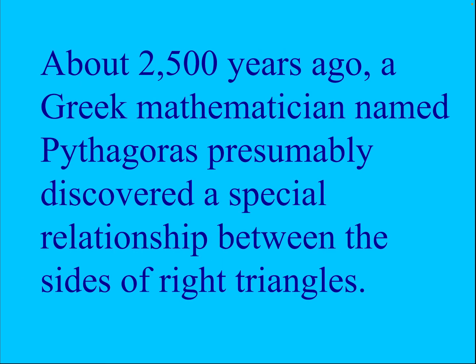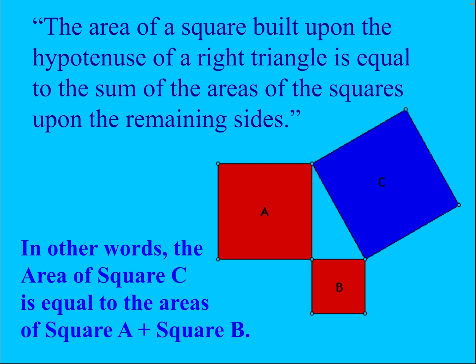So about 2,500 years ago, a Greek mathematician named Pythagoras presumably discovered a special relationship between the sides of right triangles. He found out that if you take three squares, okay, we're going to call them square A, square B, and square C, and you position them in a way that you create a triangle, okay?